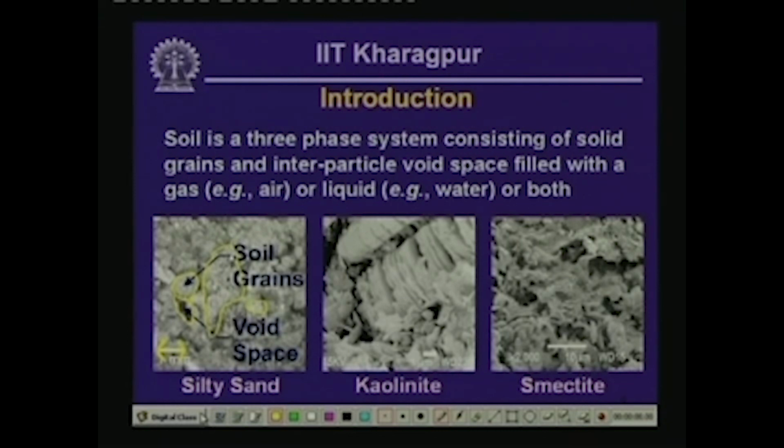Then we move on to the middle photograph. In this case, this photograph was obtained using a scanning electron microscope, and the scale of this photograph is much finer. The line that I have drawn on the photograph, this one, represents 1 micrometer.